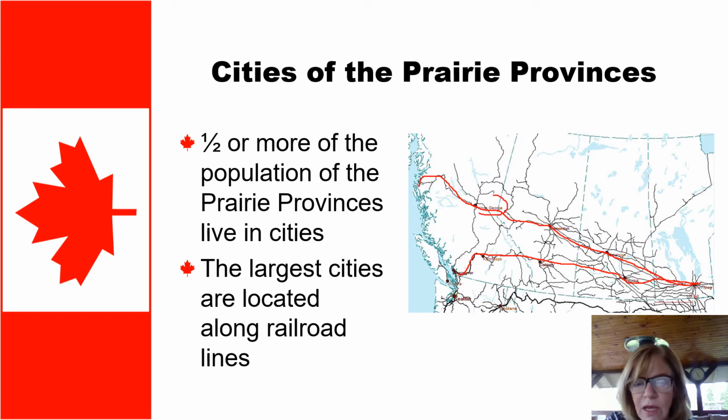And along the way, you get these cities that develop as they move westward. So that's very similar to what happened here in the United States. You get this development of cities along the railroad lines, and later, as the interstate came in, that happened as well. So they're located in those areas.